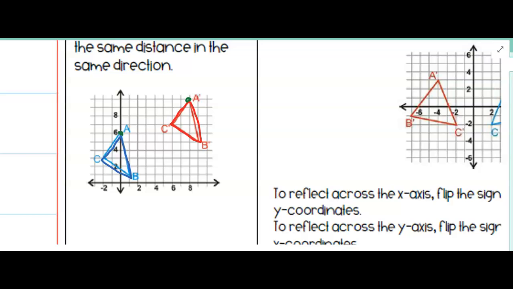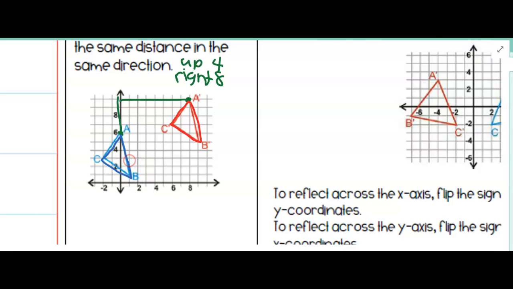And if you notice, A moves up 4 units, and it moves right 8 units. And if you look at all of the other points, the exact same thing is going to happen. B moves up 4 units, and right, I guess I didn't go up enough, is going to move up 4 units.